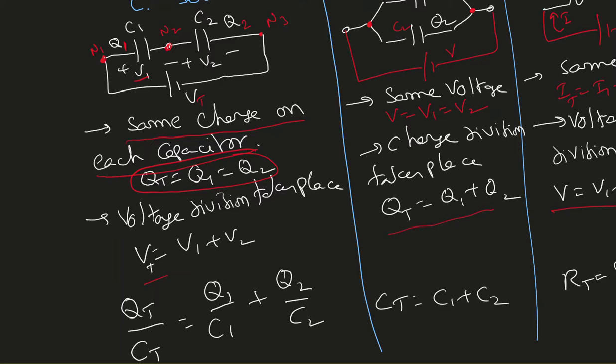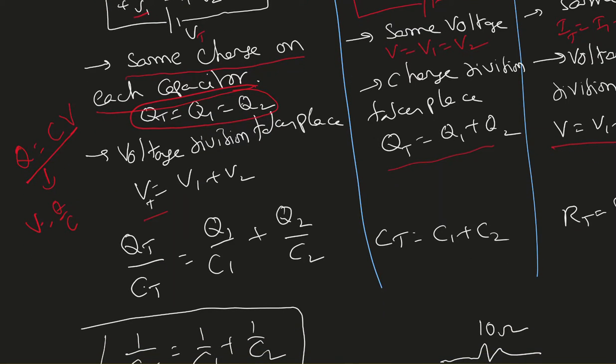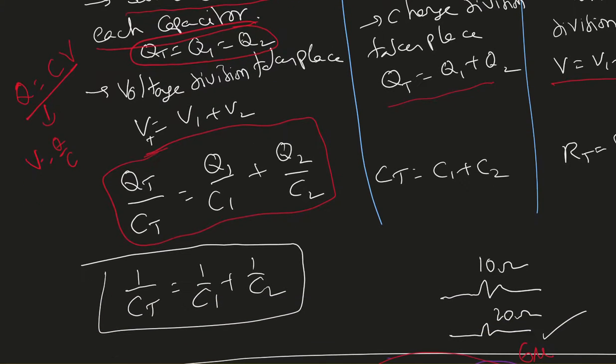Now, when it comes to total capacitance, we already know Q equal to C times V. So based on this, I can write V equal to Q over C. Q is the charge on each capacitor, C is the capacitance value, V is the voltage across the capacitor. Now V total equal to Q total over C total equal to V1, which is Q1 over C1, plus V2, which is Q2 over C2. Now we know that in series, Q total is the same as Q1, same as Q2.